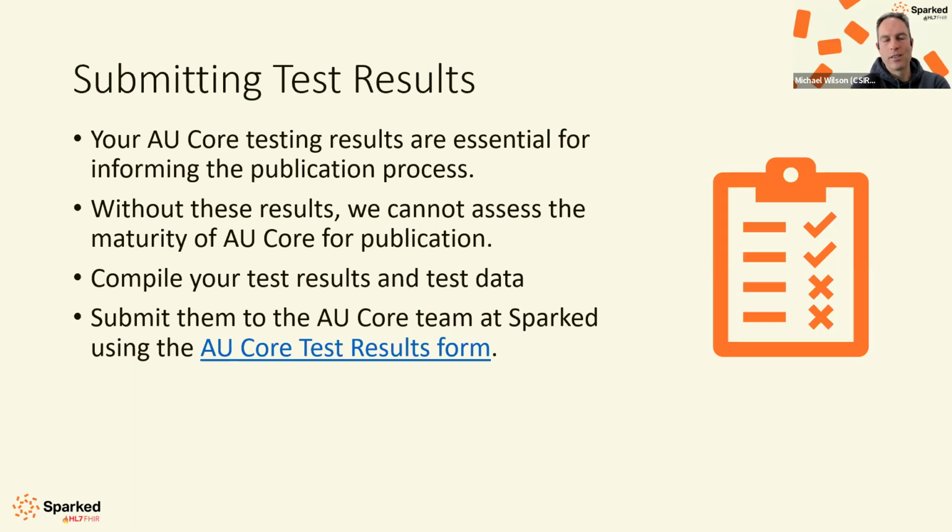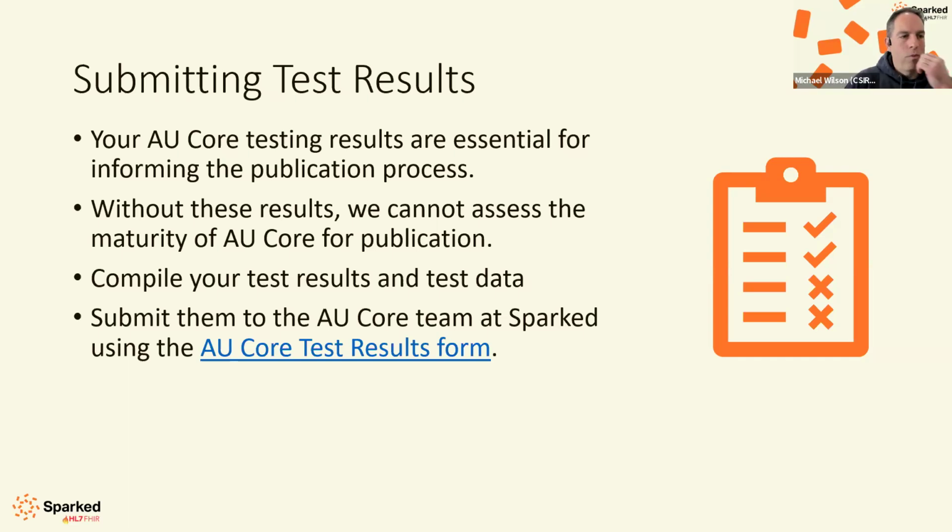That's what these testing events are for. They're to exercise AU Core and get people testing against their system. So what we need out of that is some evidence of those tests. Without that evidence, we can't assess the maturity of AU Core. We need that real world evidence.